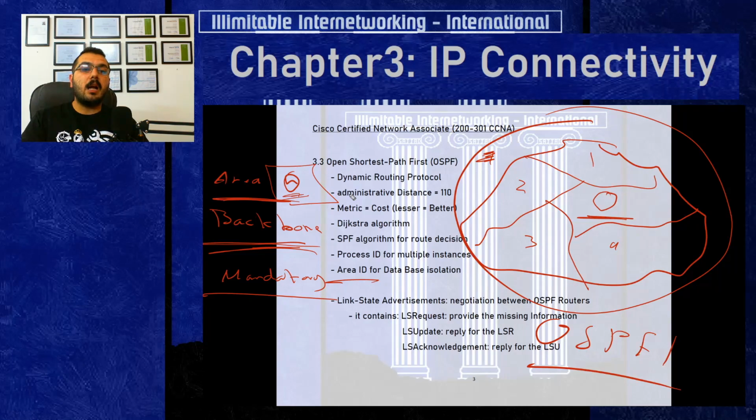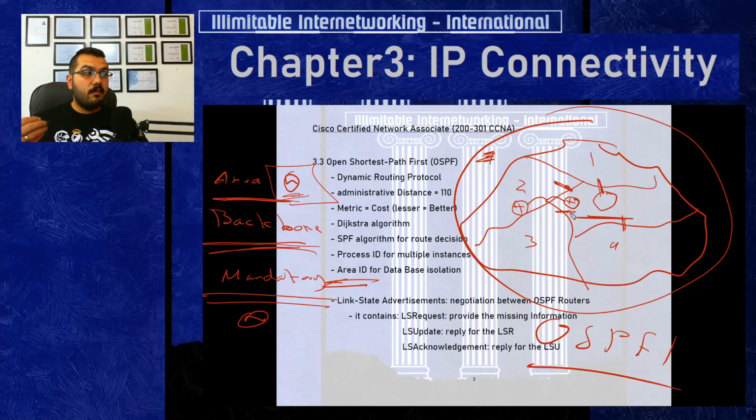You must start with area 0, because only area 0 works, and the other areas that are connected to area 0 also work. The first thing: area 0 is mandatory, it must be there. The second thing is that whatever area you want to operate correctly and be involved in your network, this area must have at least one of its routers with direct connectivity to one of the area 0 routers.